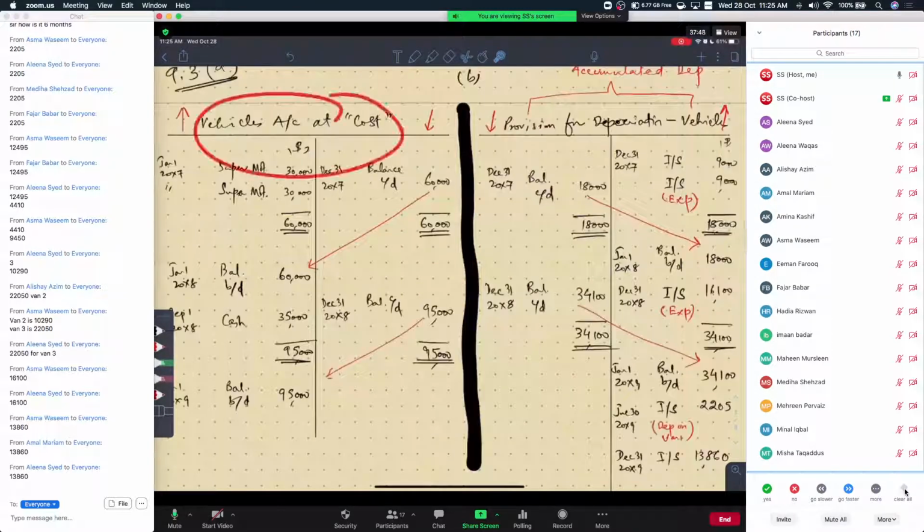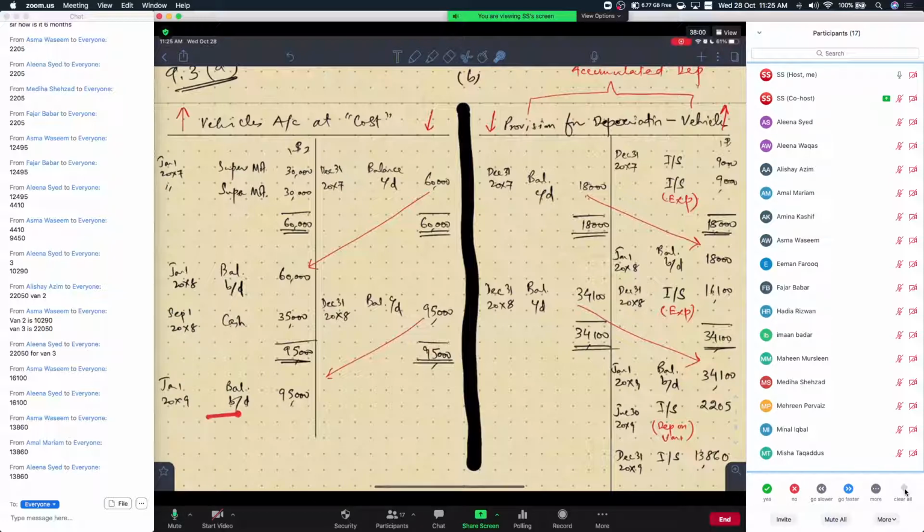So can you please write a small sentence to describe to me the meaning of the balance brought down $95,000 on 1st of January 20x9? What do we mean by this? Yesterday we discussed what balance brought down means, right?